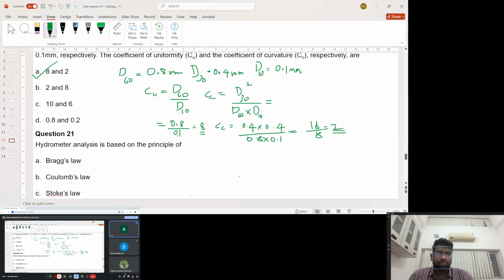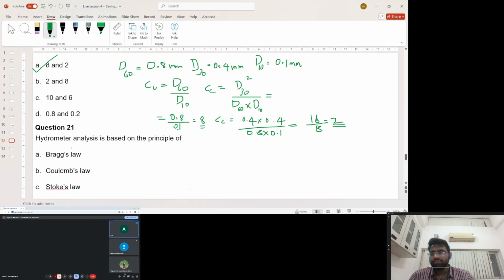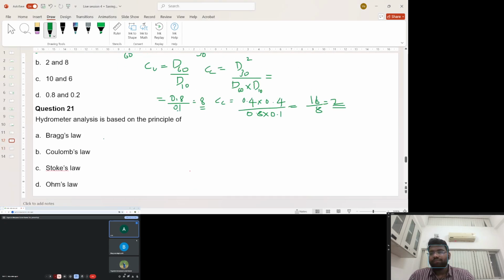Right. So moving to the next question. Hydrometer analysis is based on the principle of option A Bragg's law, option B Coulomb's law, option C Stokes law, and option D Ohm's law. Which principle governs the hydrometer analysis?